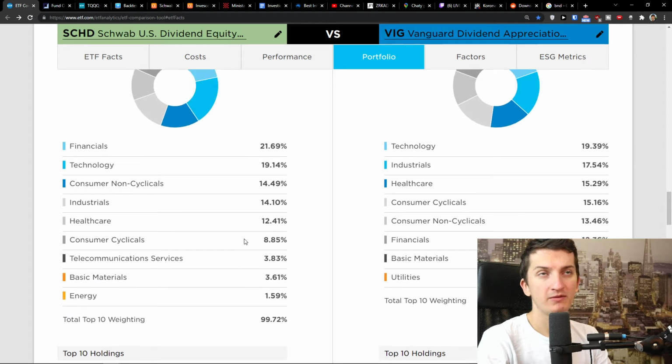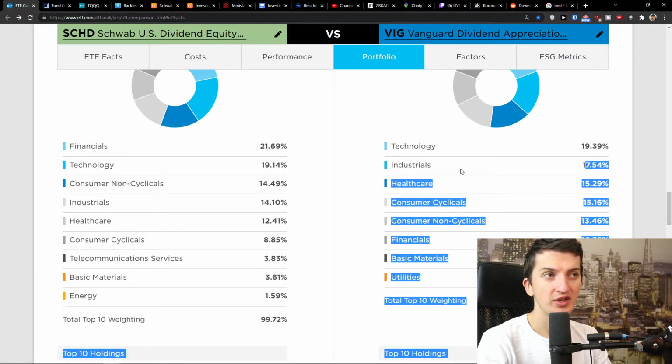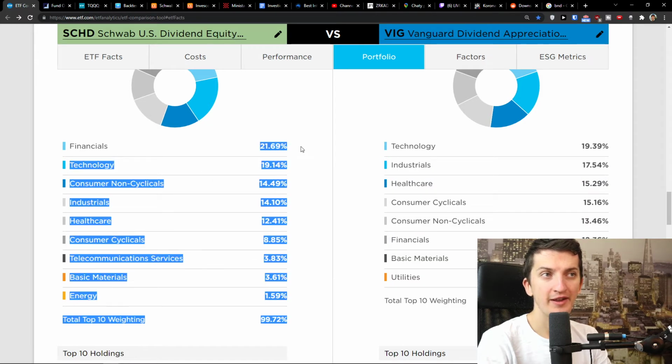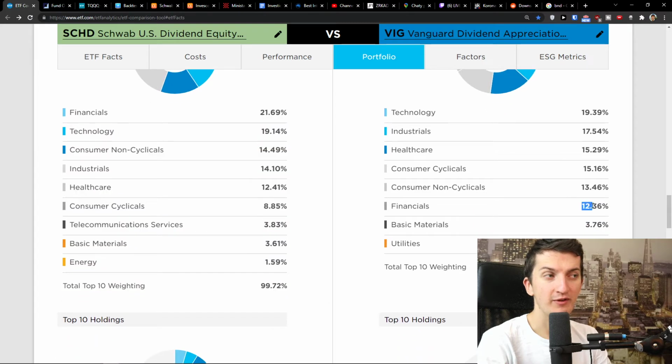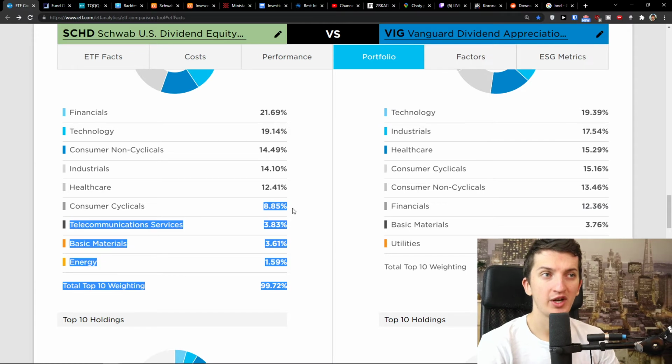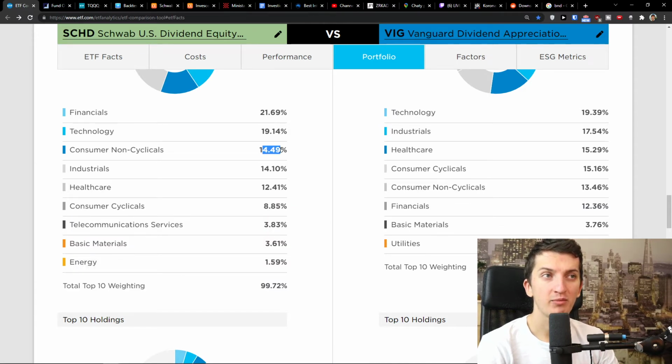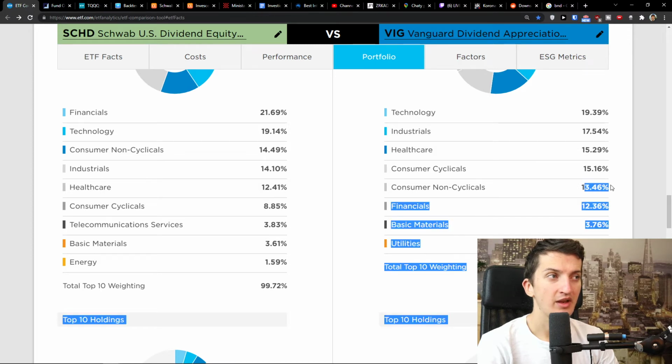Now, when we compare what kind of sectors they have, technology is similar, nearly 20%, 19. Industrials 17, here is 14, financials 21% compared to financials 12%. And consumer 8.85 compared to 14.50, and here's 14.